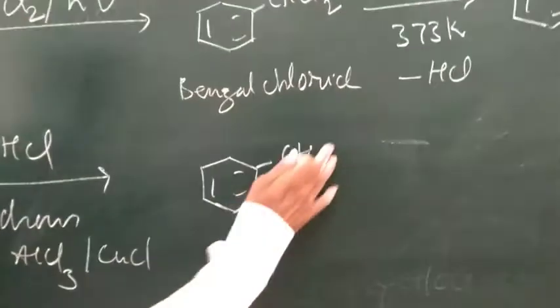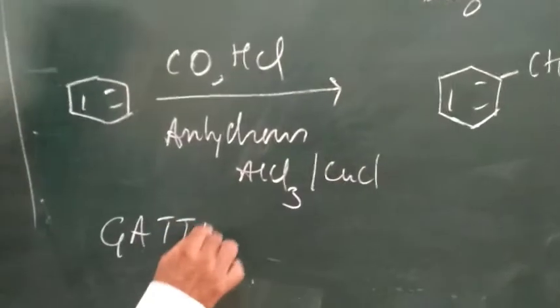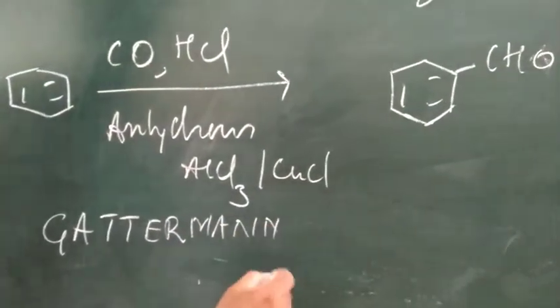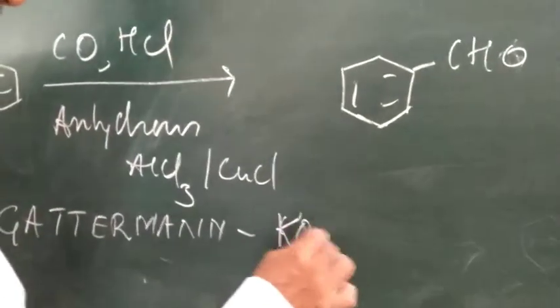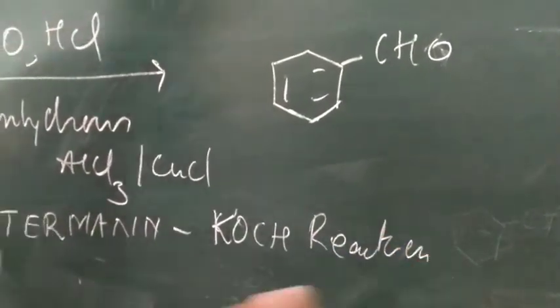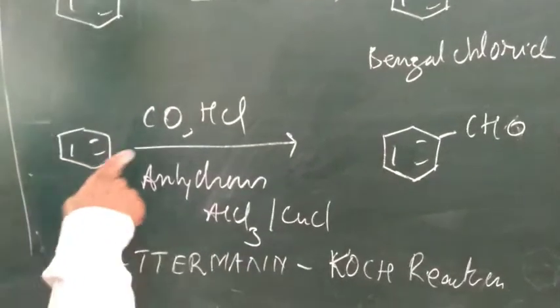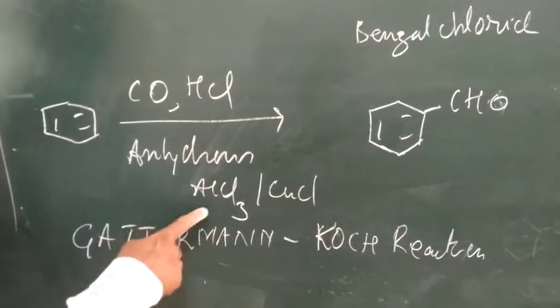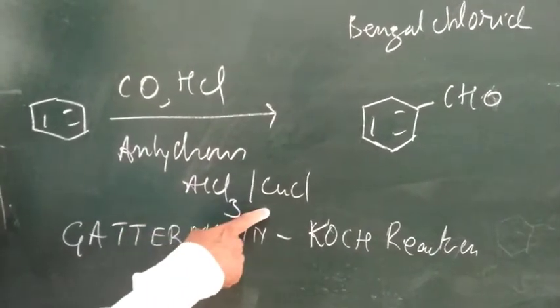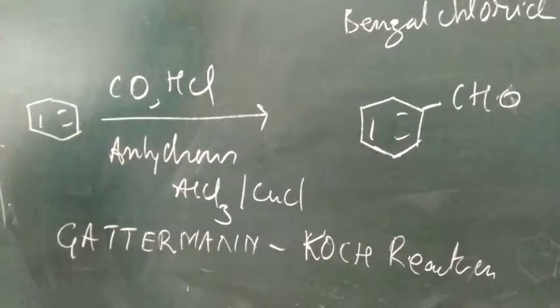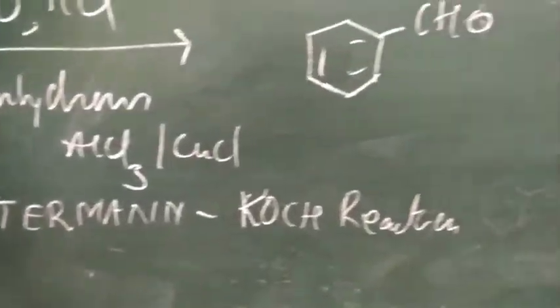This particular reaction is referred to as the Gattermann-Koch reaction. So here benzene is treated with carbon monoxide and hydrochloric acid in the presence of anhydrous aluminum chloride or cuprous chloride, and we get benzaldehyde.